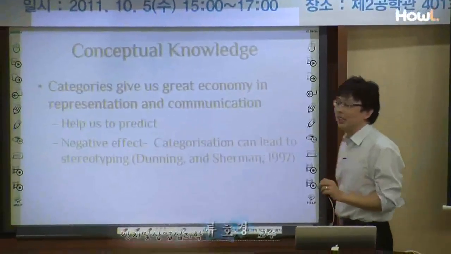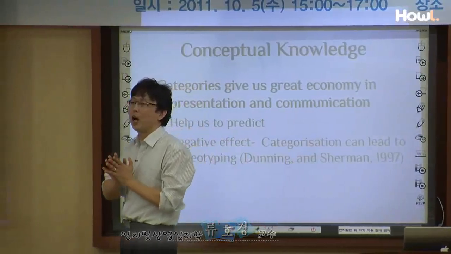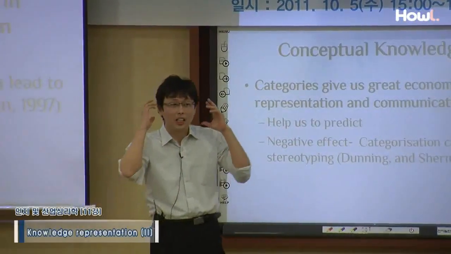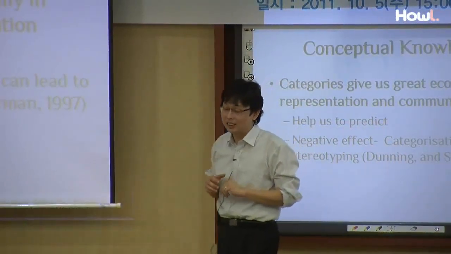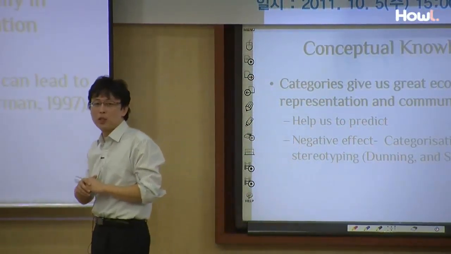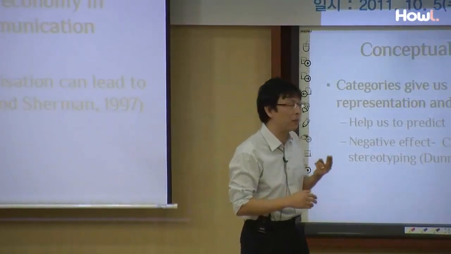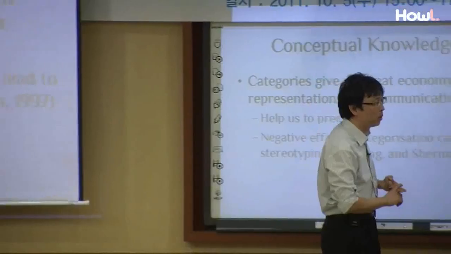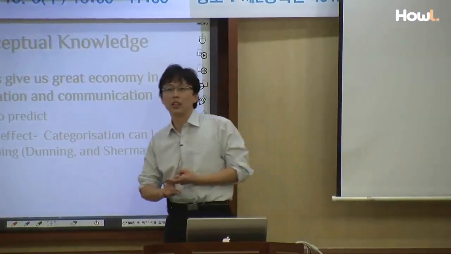So what we did yesterday, we learned about how knowledge is represented in the brain, right? We haven't discussed much about how it is represented in there. So I mentioned two important things you have to remember for knowledge representation.